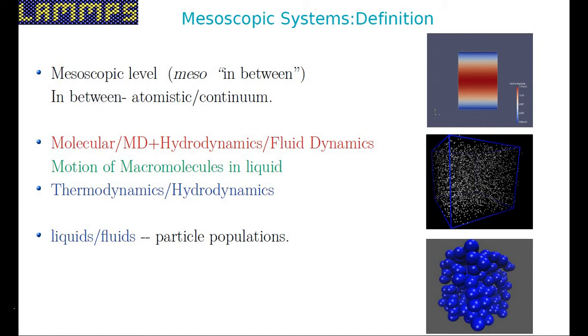As a consequence, we can use some techniques borrowed from molecular dynamics simulation, and we can use some hydrodynamic techniques borrowed from fluid dynamics. Therefore, we can describe the motion of macromolecules in liquid.